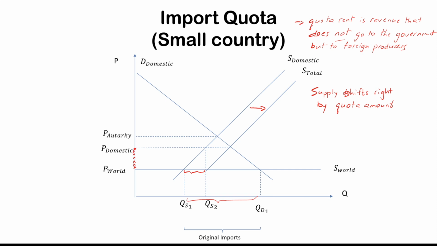And so we also move along this new supply curve until it meets the domestic demand curve. So this is our new equilibrium, and this is our new quantity demanded at this point. QS2 is domestic supply, QD2 is domestic demand, and the difference is the new imports.